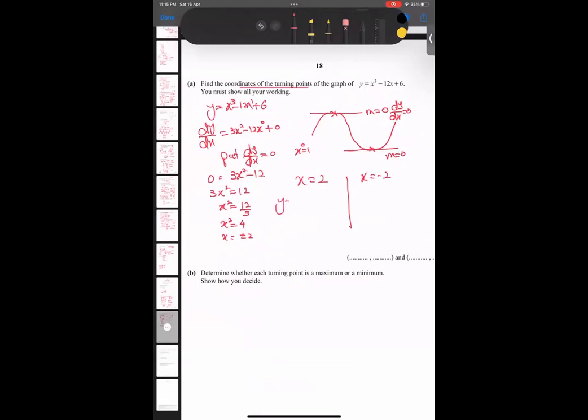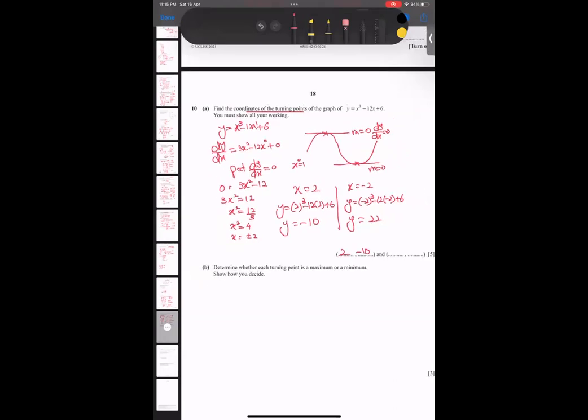So y is equal to 2 cubed minus 12 times 2 plus 6, and similarly -2 cubed minus 12 times -2 plus 6. With 2, I'm getting -10, and with -2, I'm getting 22.